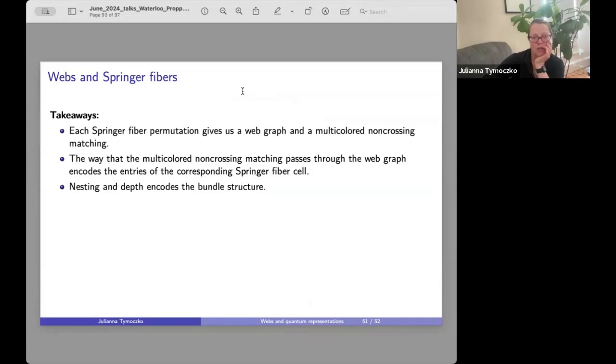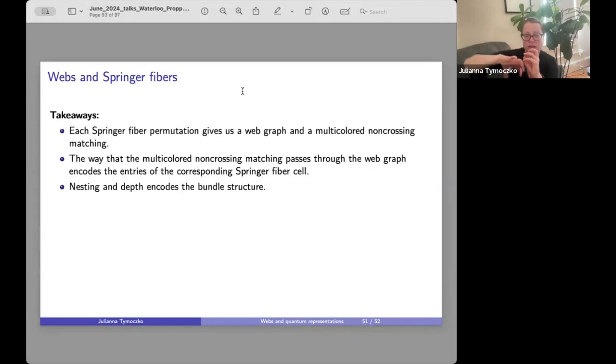So here would be the takeaway from this whole piece. Springer fibers and the permutations that you get from Springer fibers also recover web graphs as well as multicolored non-crossing matchings. The way that the multicolored non-crossing matching goes through this web graph, this stranding, is encoding the entries of the Springer fiber cell and answering deeply mysterious geometric questions.